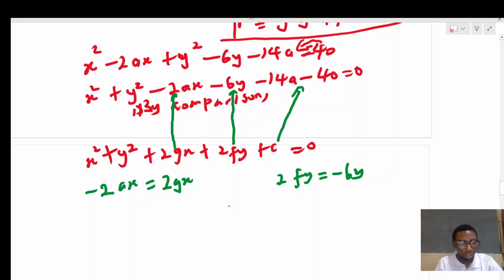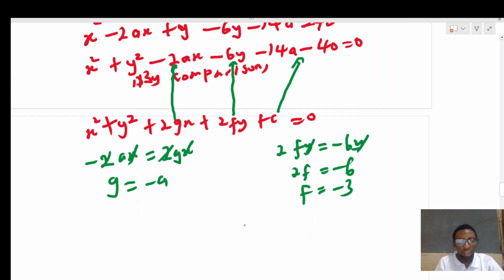Let's do this first. This cancels this, so from here g equals minus a. This cancels this, 2f equals minus 6, so f equals minus 3.